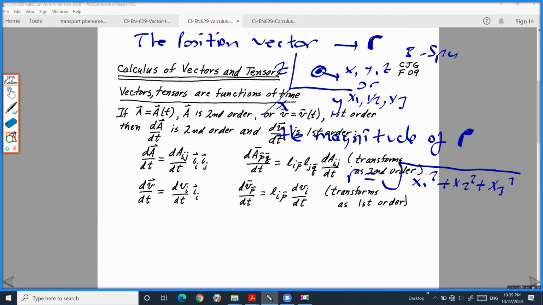Let's give the magnitude of this position vector. The position vector is basically with respect to the origin, so we call this the position vector. Okay, I just continue.